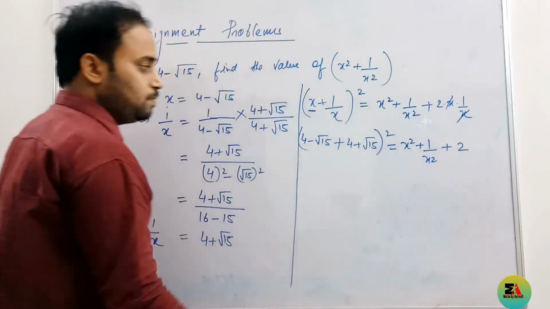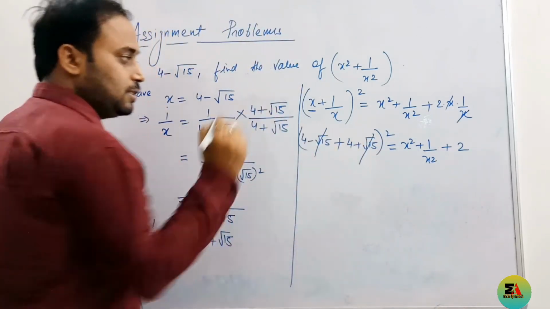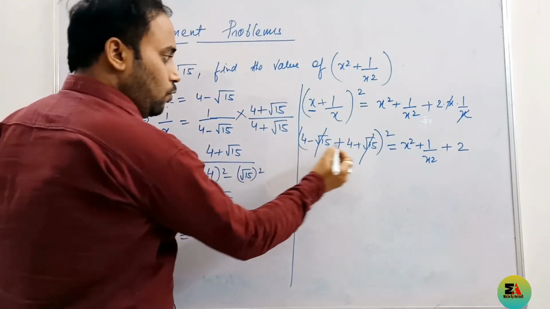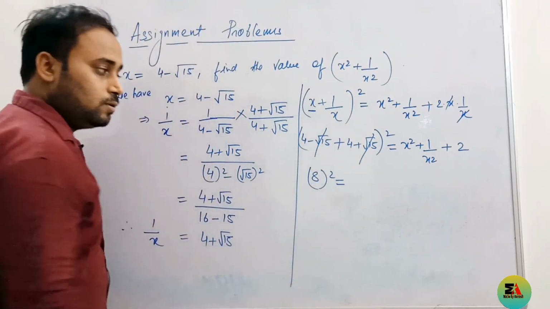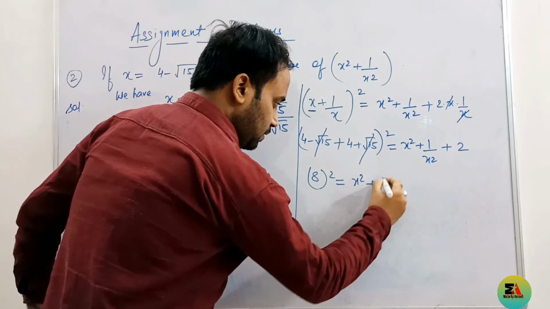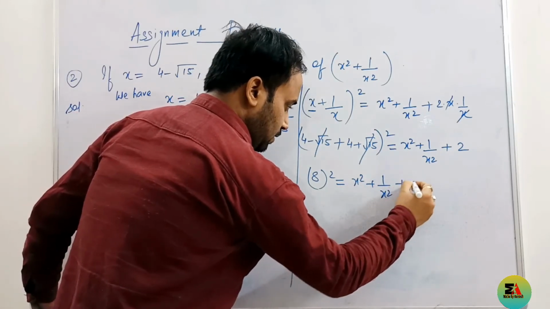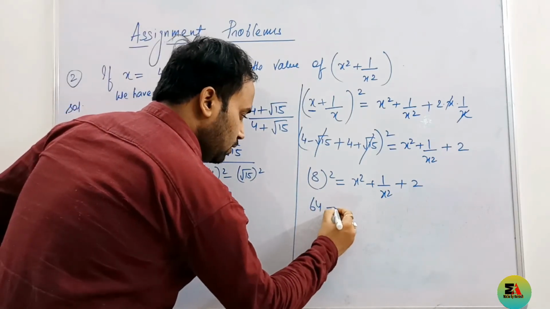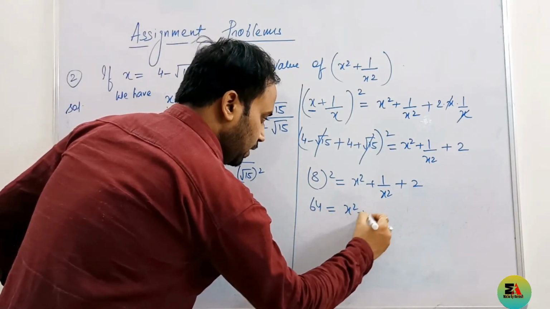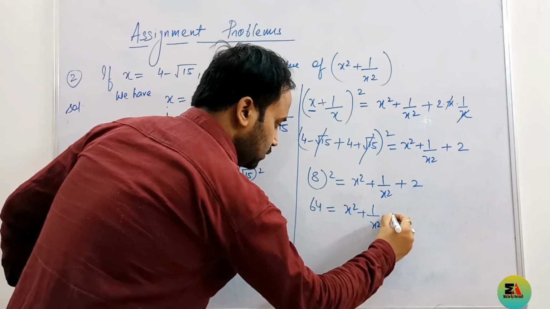Like terms with opposite signs cancel each other out. 4 plus 4 becomes 8. We have to write 8 square is equal to x square plus 1 by x square plus 2. 8 square is 64, equal to x square plus 1 by x square plus 2.